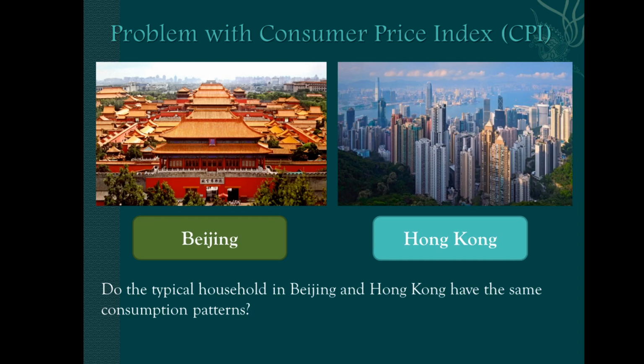Geographical location. Yeah, you can see, in different places, the weight that you have might be different.